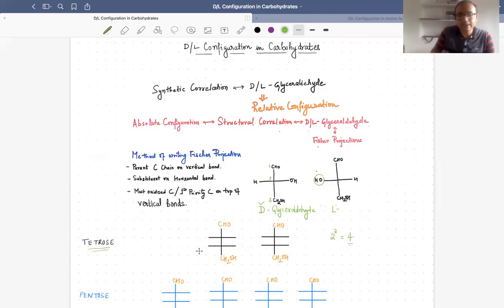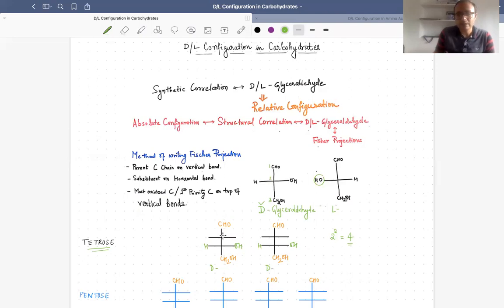Let me write the 2 isomers with the lowest chiral center having the OH group on the right side. In both cases, you see the OH group is on the right side. That itself tells that both these configurations that I'm going to write would be D-configured tetrose sugars.